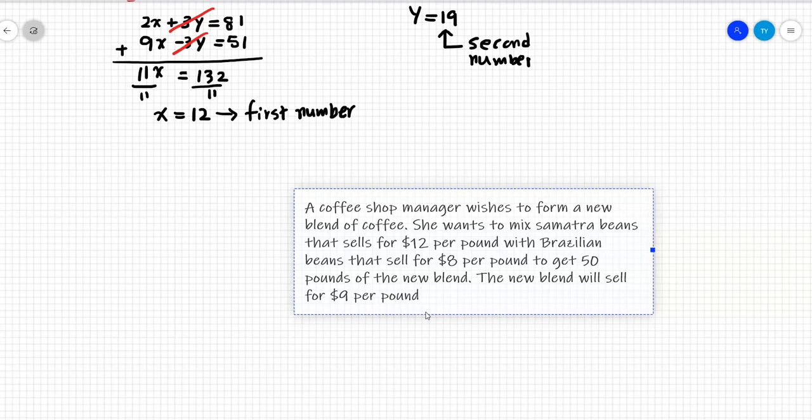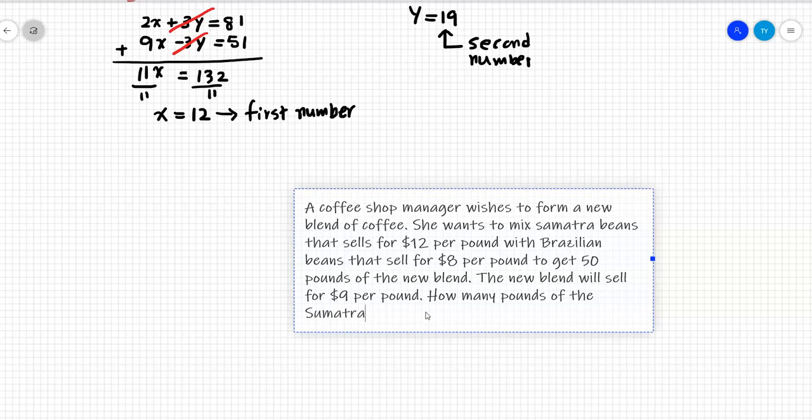How many pounds of the Sumatra and the Brazilian beans are required?